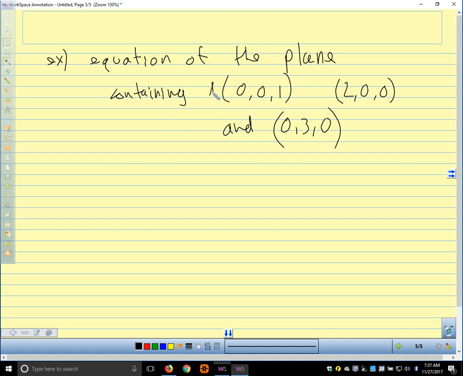So I'm going to call these A, B, and C. And a normal vector is given by vector AB cross vector AC.